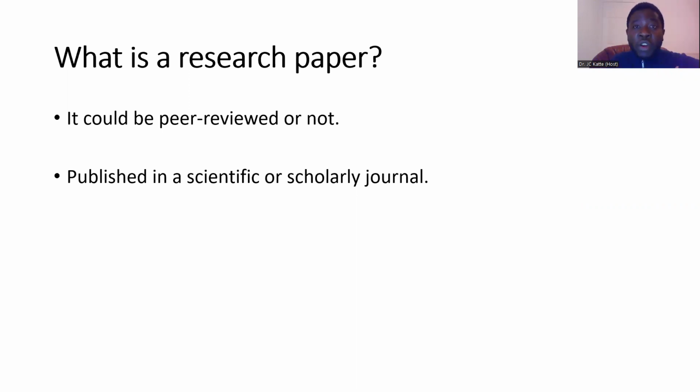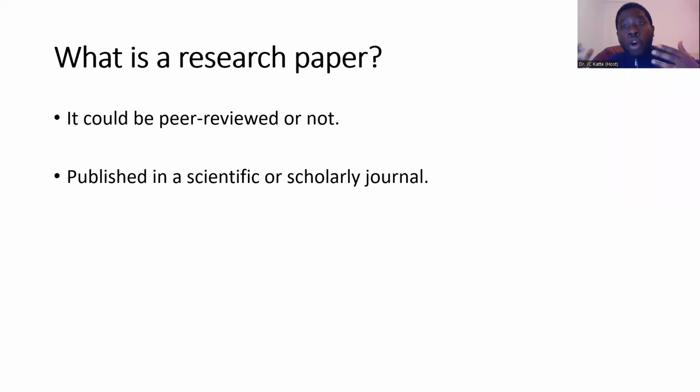It means you as an author, you've carried out your research, you've written your manuscript and you send it to the journal. That particular research article, that particular paper has to be scrutinized by your peers.